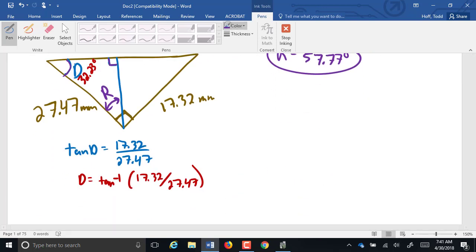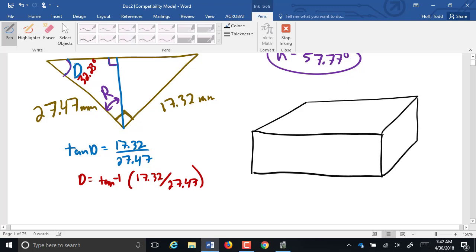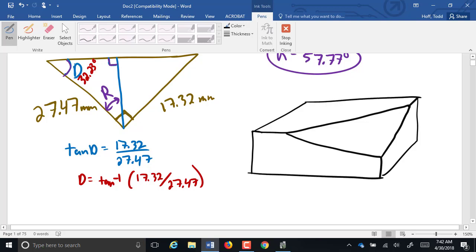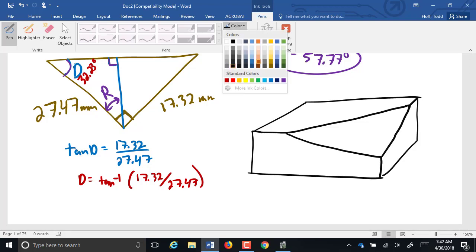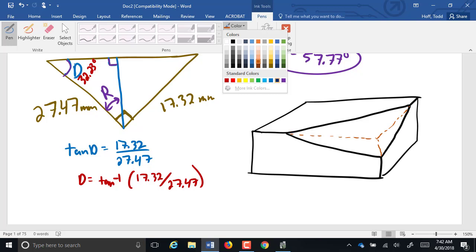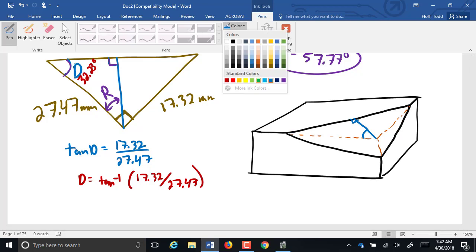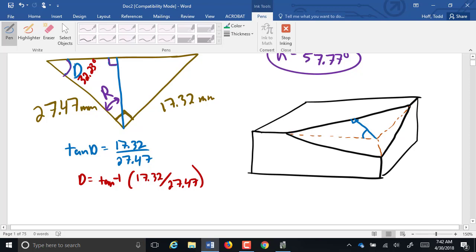I've got to draw this a little different. So what I just found there, I put these lines kind of in, is this angle right here, that's R. My angle of tilt is going to be the angle underneath that line.